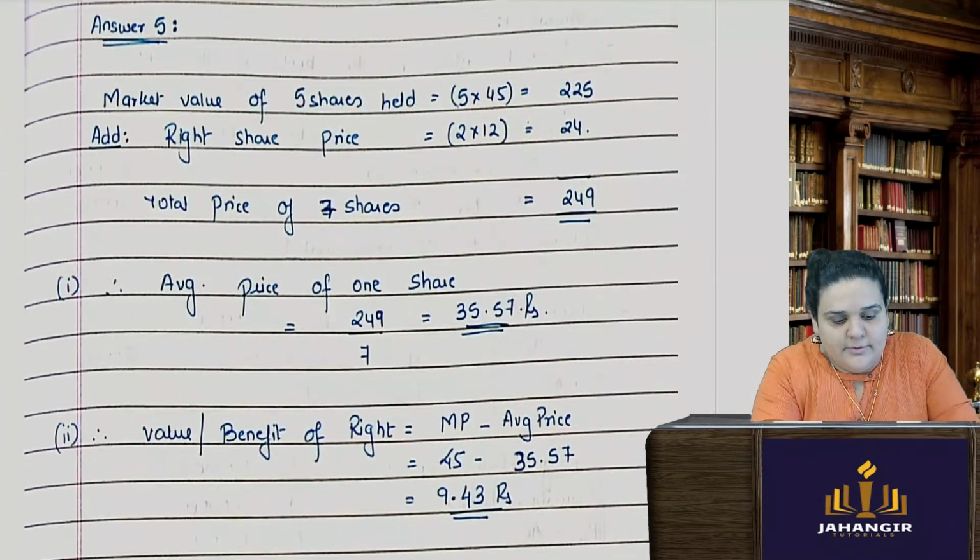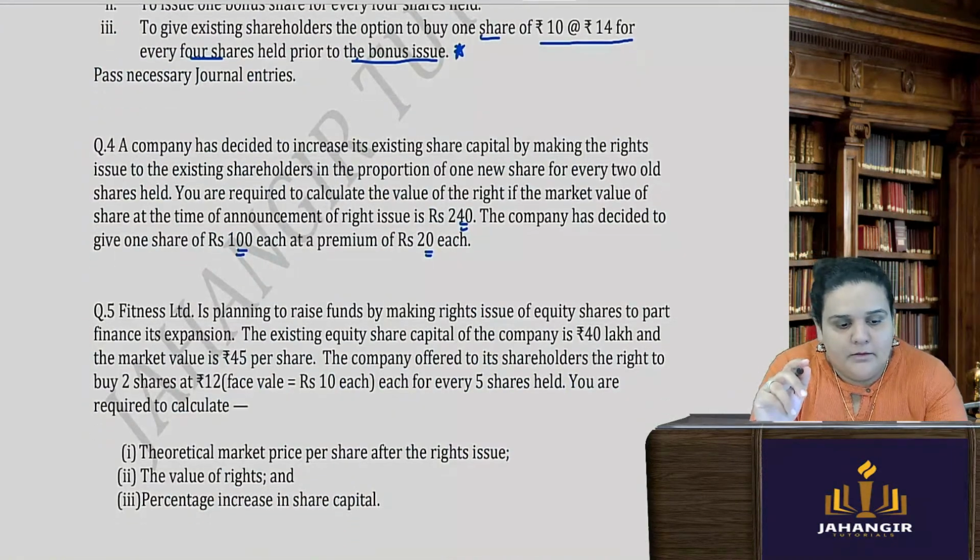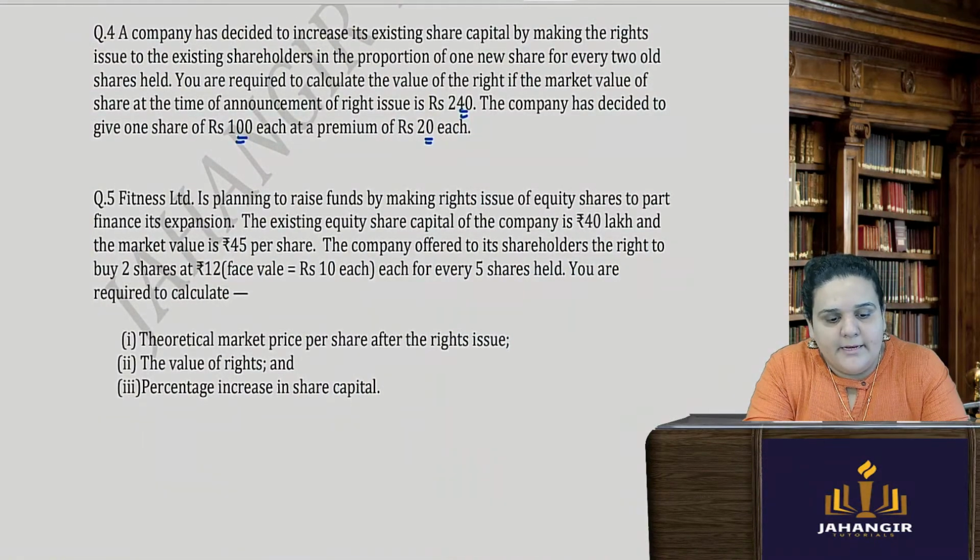Coming to the next question. Fitness Limited is planning to raise funds by making a right issue of equity shares to part finance its expansion. The existing equity share capital of the company is rupees 40 lakhs and the market value is rupees 45 per share.